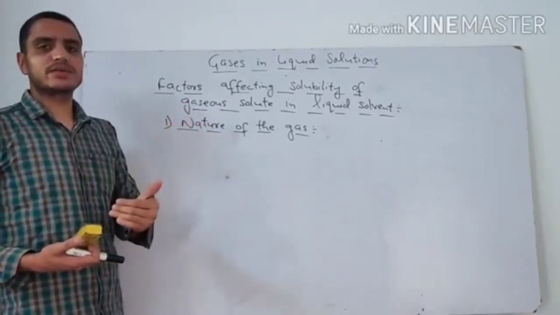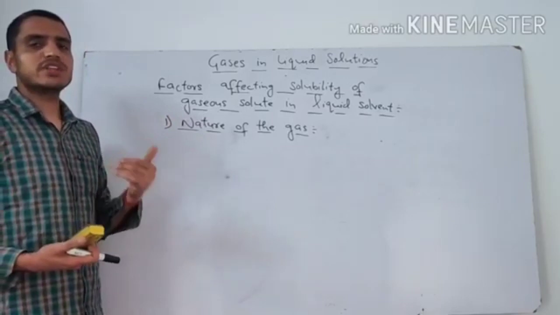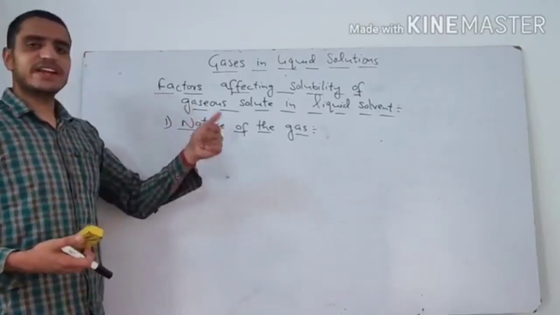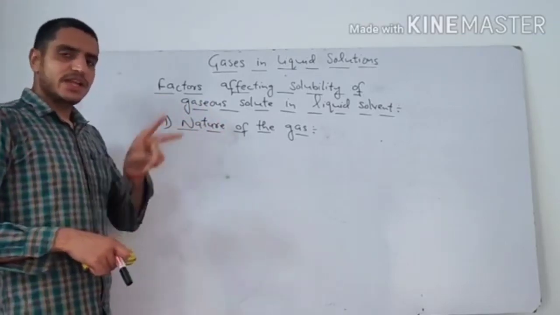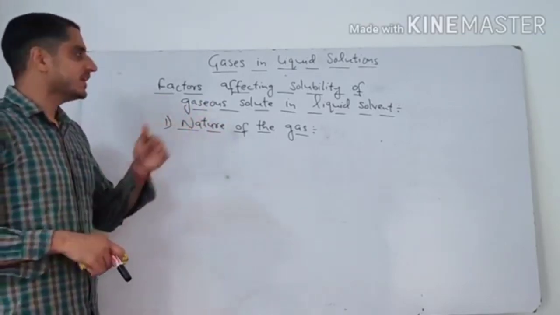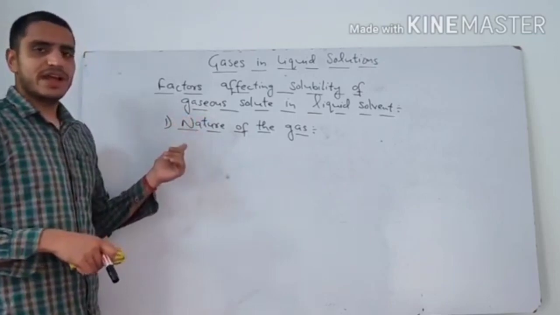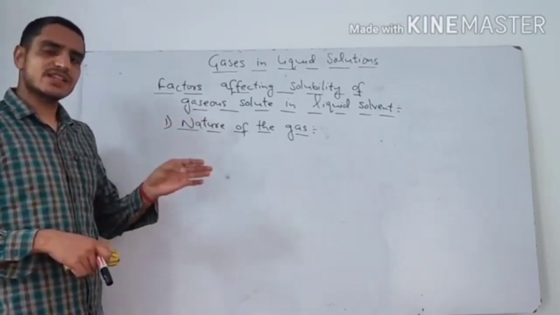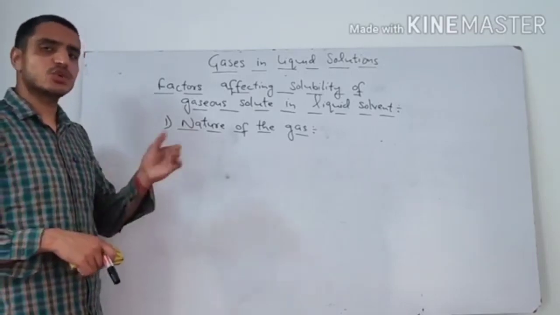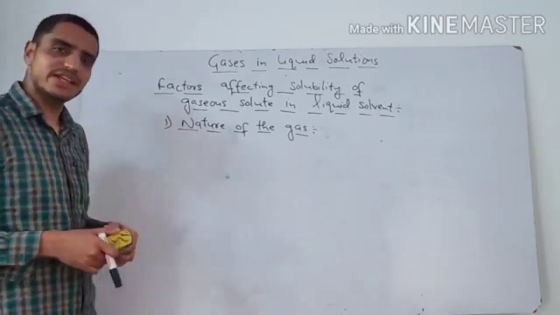If solute and solvent both are polar, then the gas will get easily dissolved in the liquid and the solution will be formed easily. But if their natures are different, for example, if the gas is non-polar and the liquid is polar, it will be difficult to dissolve the gas in the liquid. So solubility of the gas in that case will be less.